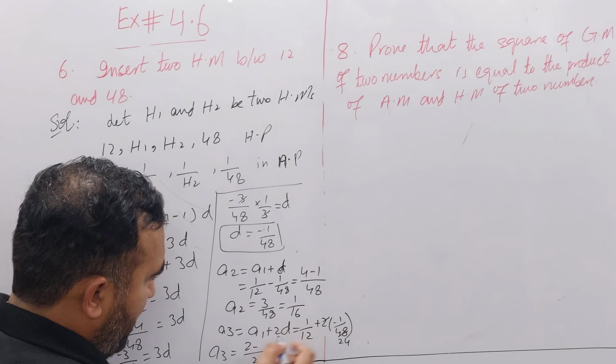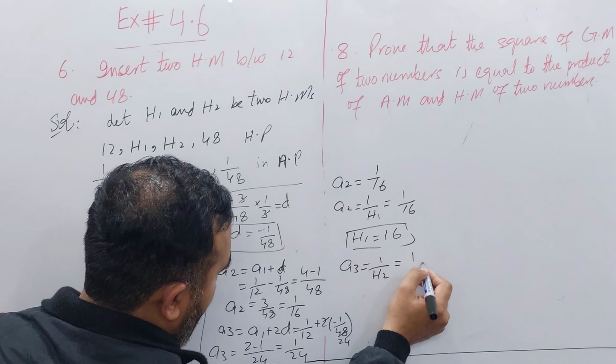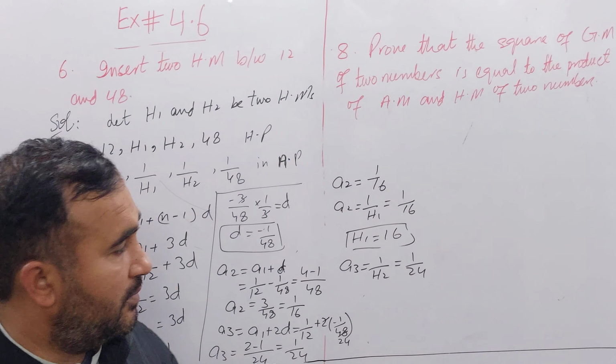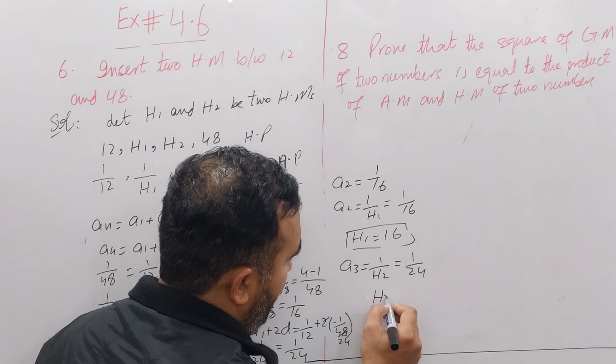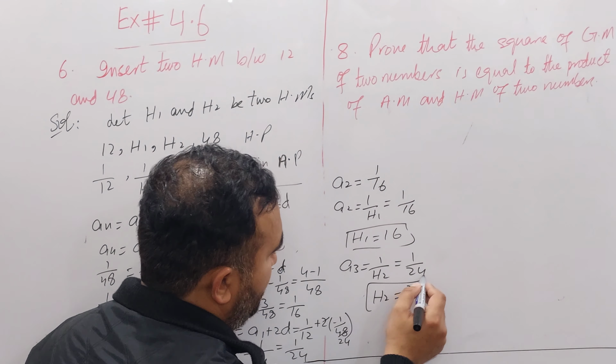And a3 is equal to 1 over h2 is equal to 1 over 24. To find the value of h2, we have to take the reciprocal of 1 over 24. So h2 is equal to 24. So these are the two values, h1 and h2, which are the two harmonic means between 12 and 48.